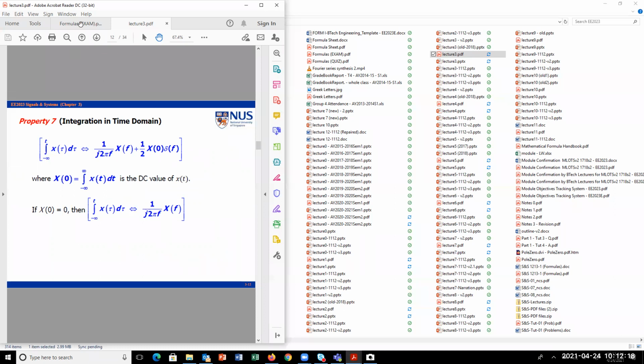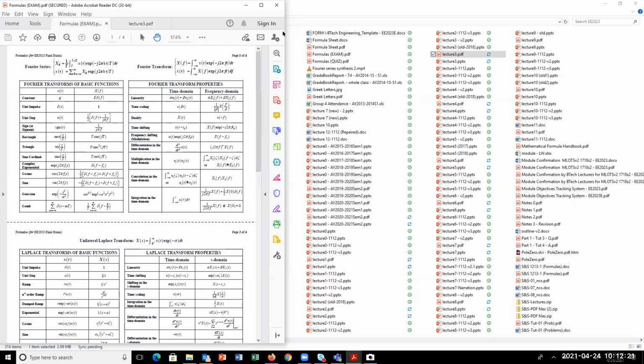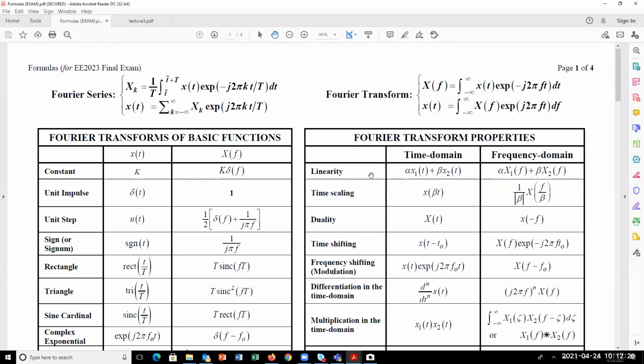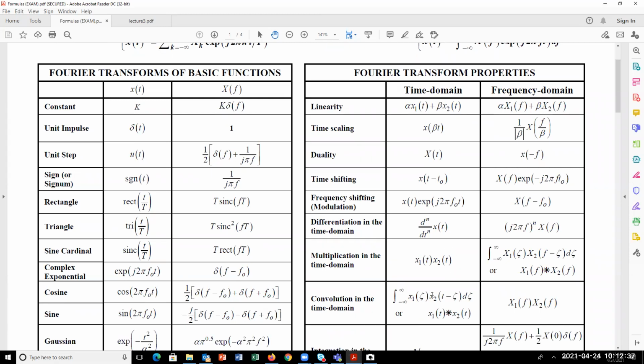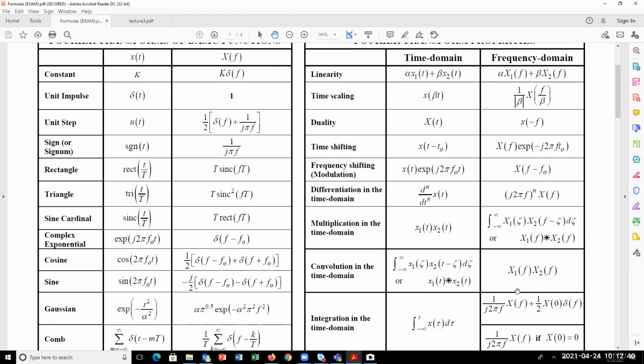These are all summarized in this table: differentiation, you multiply; integration, you have this. So that's what happens to the spectrum when you differentiate or integrate in the time domain.